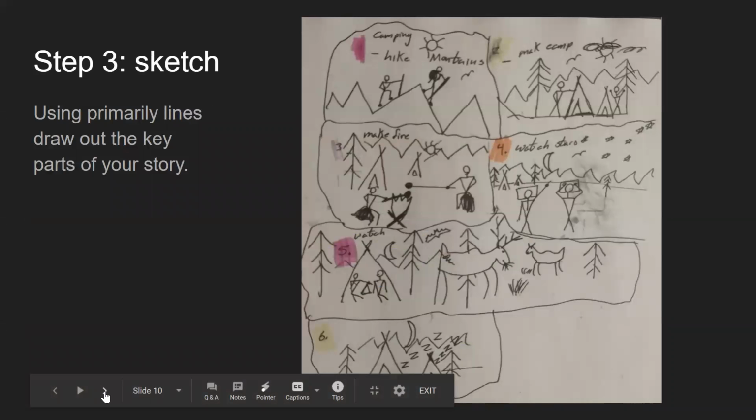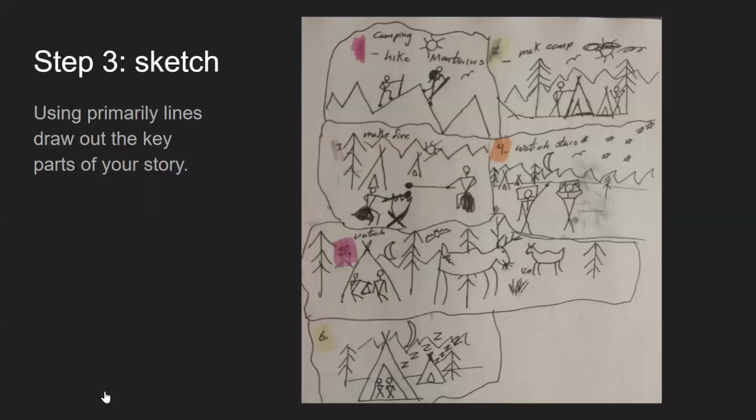And then step 3 is where we sketch out those key aspects. So for our sketch, it's not going to be too detailed because cave paintings weren't very detailed, with some exceptions to the really detailed ones. So we're going to use the basic lines.